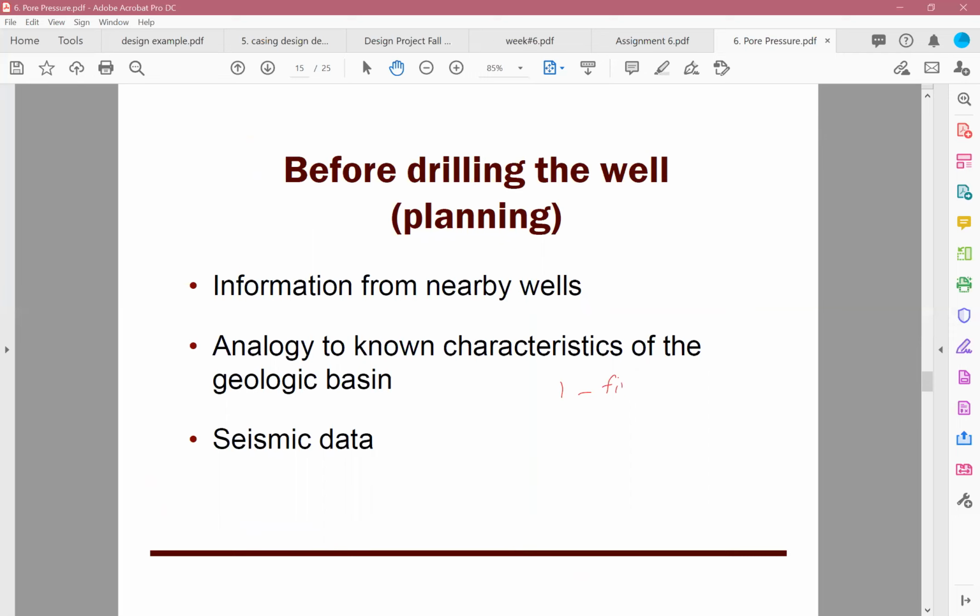Find setting depths in the very general format, right? Establish your mud program, right? That's the second step. So basically these two are done at the same time, right? Using those pore pressure and fracture pressure gradient curves, right?